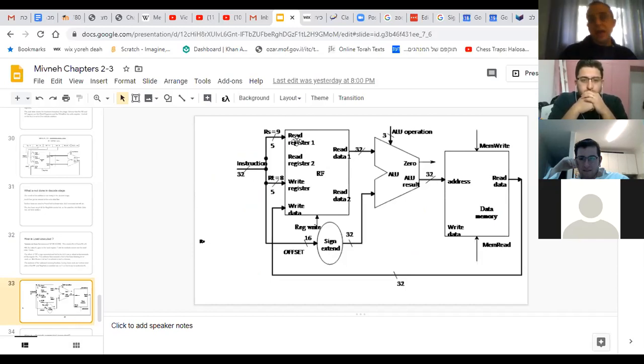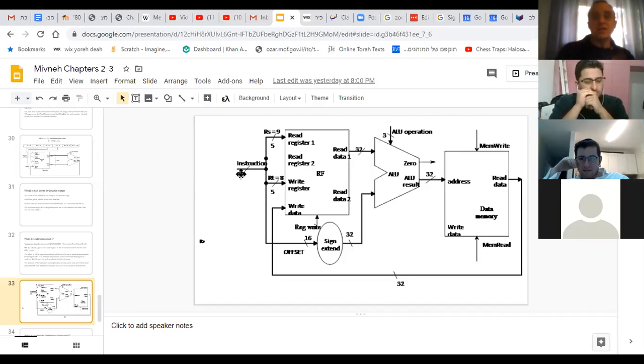Notice that this is a load word, which means it's an I type, which means there's only 2 registers. That's why you see a register here and a register here. What about register 2? No wires connecting it. Obviously, there are wires connecting to it, but we're ignoring them. What's going to happen is the instruction register is going to have multiple sets of lines coming out of it.